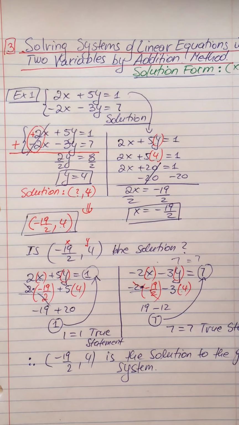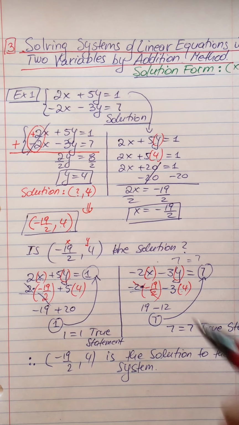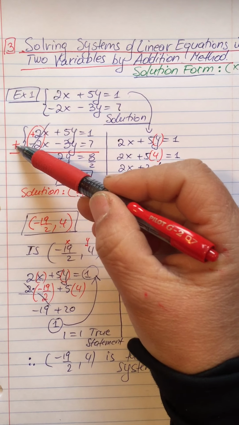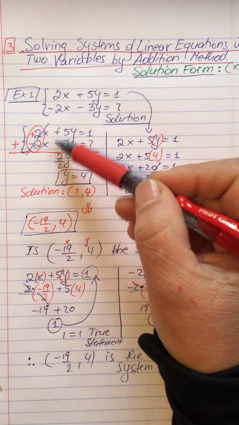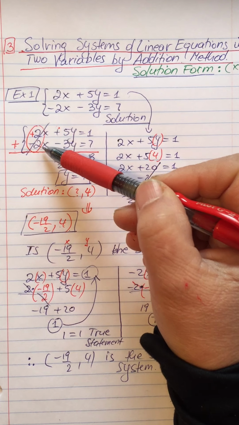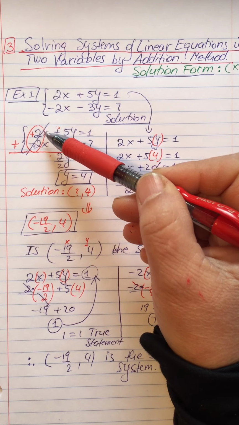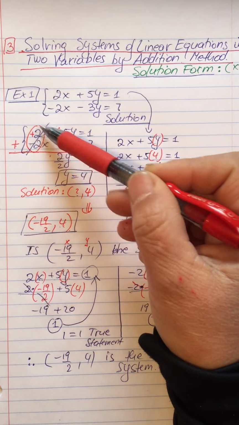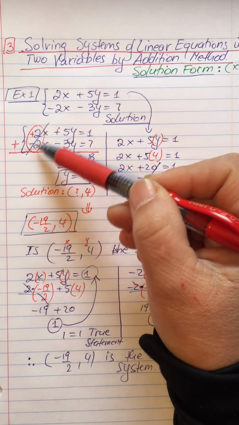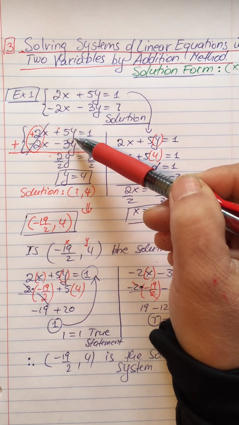Before I move to another example, I have to emphasize again. When we add both equations of the system, if the coefficients of one of the variables we want to eliminate are opposites, then these variables will go, and we will be left with the other variable.